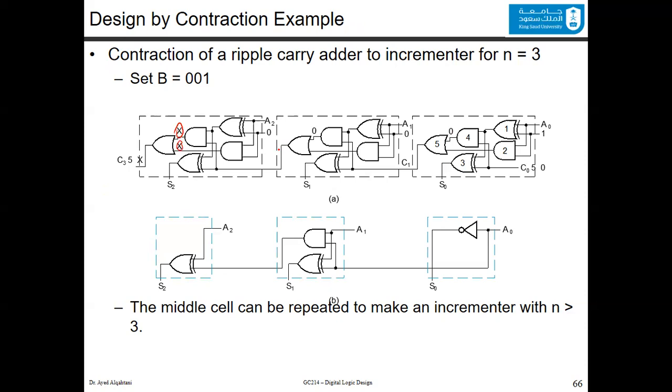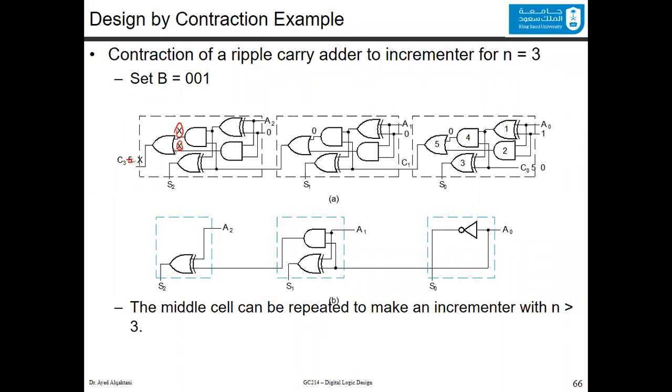You can see that we have the carry going through here, and also the A going through here. So we have the same X and X, ORed together will generate the same X, where this carry would equal X. So we can take this OR gate and we simplify the last bit using the idea of contraction this way.